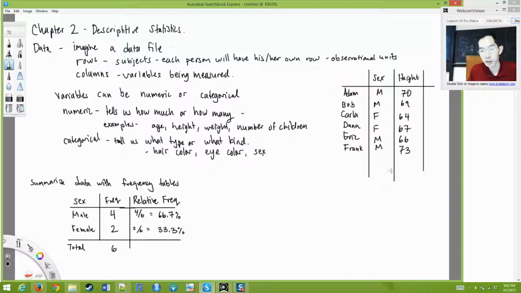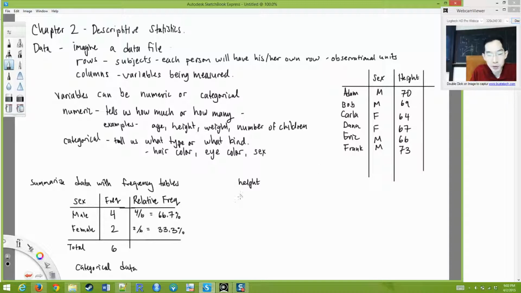We could also create a frequency table for the height. Okay, so this is for categorical data, but also for numeric data, we could do it for height. Now, when we look at our data, we just see that the numbers are listed off once.